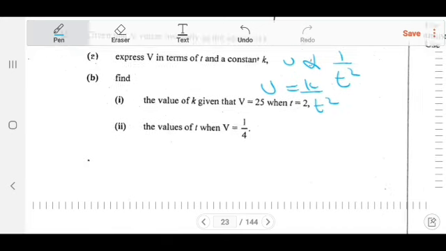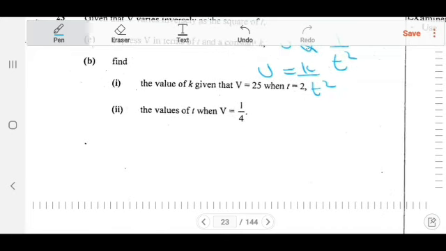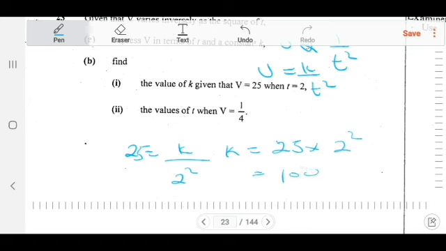Then B item 1, find the value of K given that V is 25. So 25 equals to K over 2 squared, which means K equals to 25 times 2 squared, which is equal to 25 times 4, which is 100.